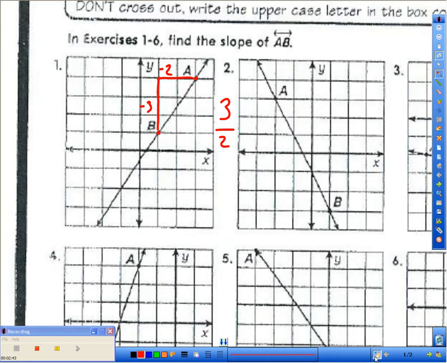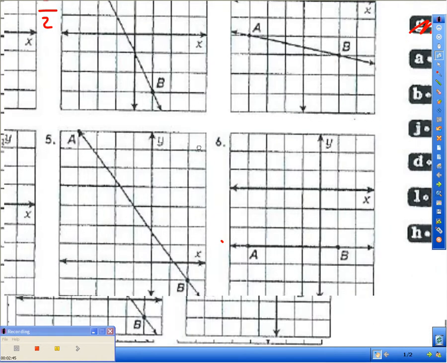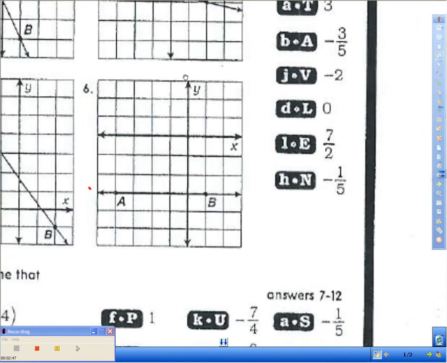If we then look at another problem such as number 6, number 6 is one of those kind of special cases that we talked about today. We see point A and point B right here. If I count the distance, the run from A to B, that would be 1, 2, 3, 4, 5 places over. But what's the rise?